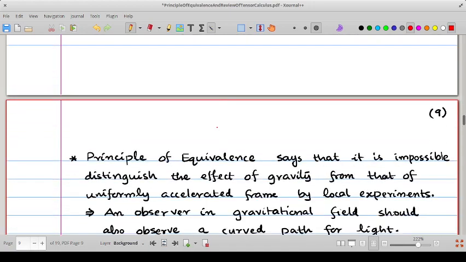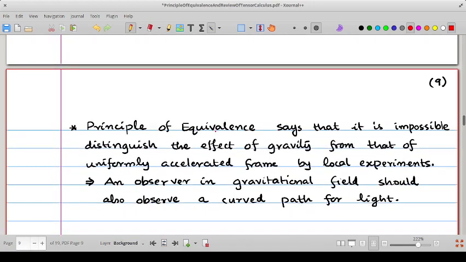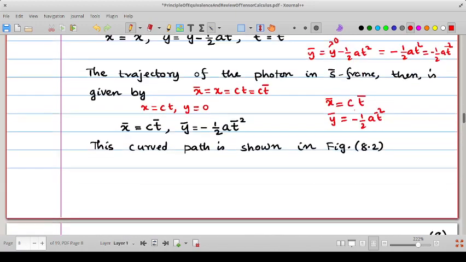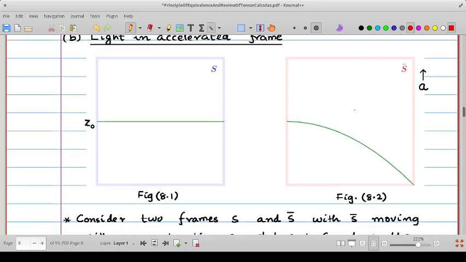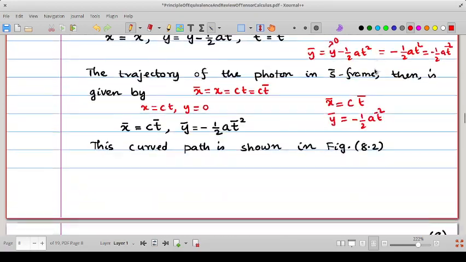But now we invoke the principle of equivalence, which says that it is impossible to distinguish between a frame of reference traveling with a uniform acceleration and the effect of a gravitational field in a small enough region of space-time.